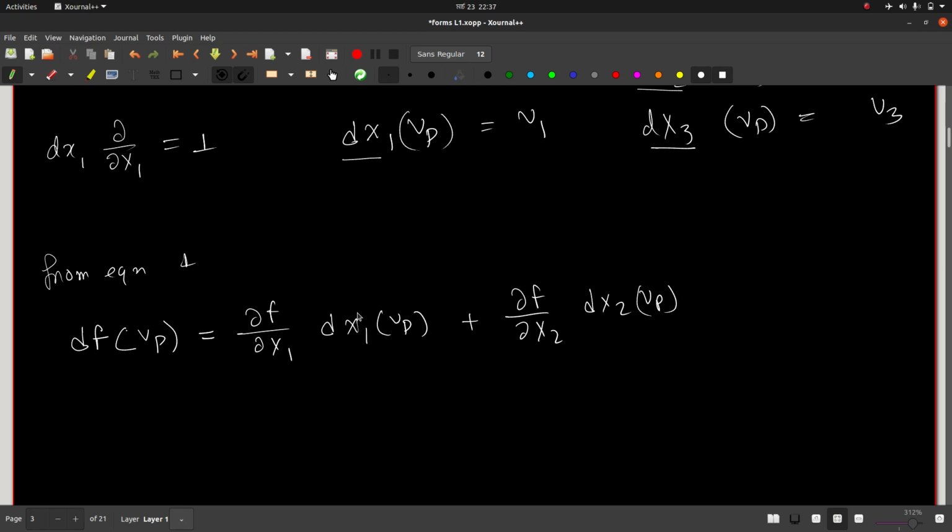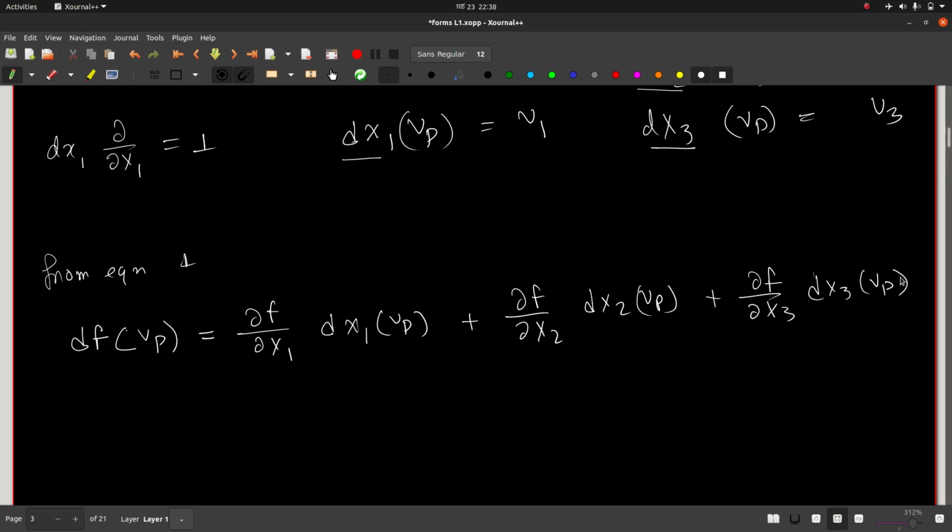This means that dx1 is acting on vp. So please don't confuse this with ordinary multiplication. Even though the notation might be a little bit confusing, this doesn't mean they are ordinarily multiplying with each other. They are like operators and they are acting on those vectors. So the final term would be dx3 of vp, right?